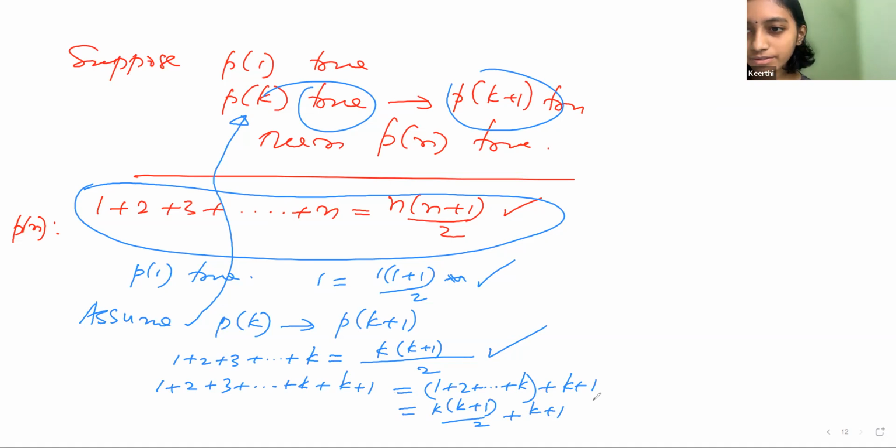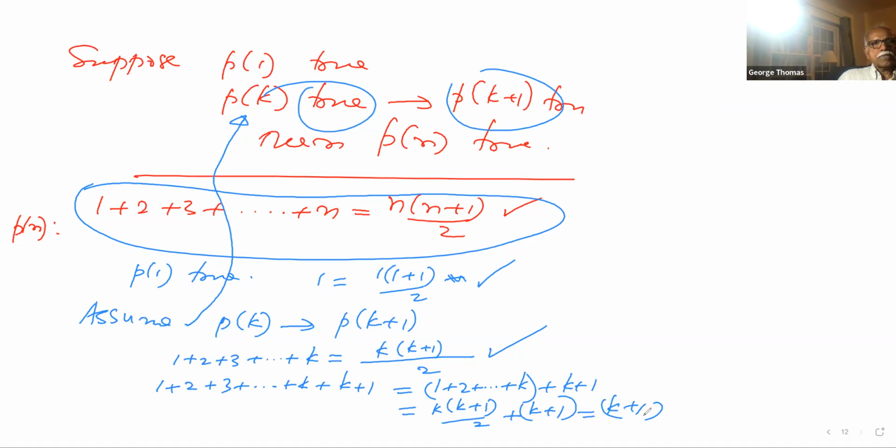Yes, let us factor out k plus 1. k plus 1 times k over 2 plus 1. And isn't that k plus 1 times k plus 2 over 2?